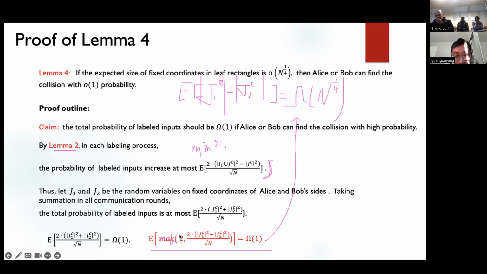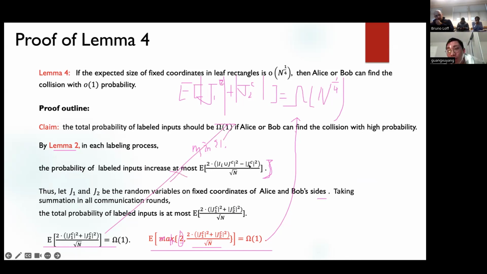Since if this happens, if this is the min value, so it must be that both G1 and G2 sides must be large, right? But if it doesn't happen, every value will be smaller than 2. So you can use this kind of trick, I think. That means that if this is the expectation of the square, it doesn't imply it holds.